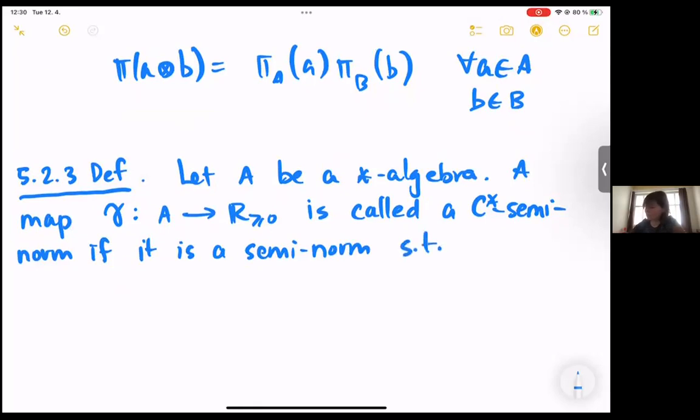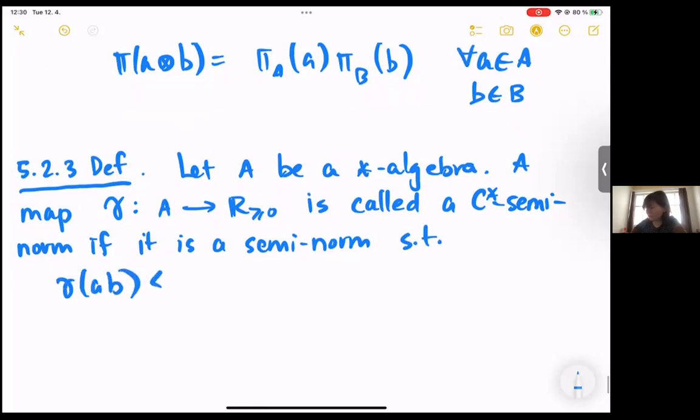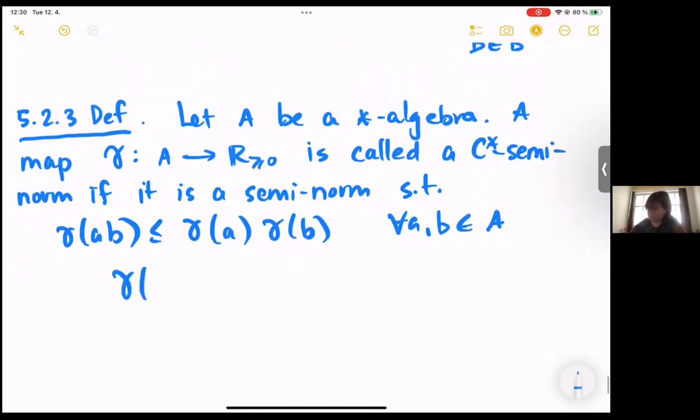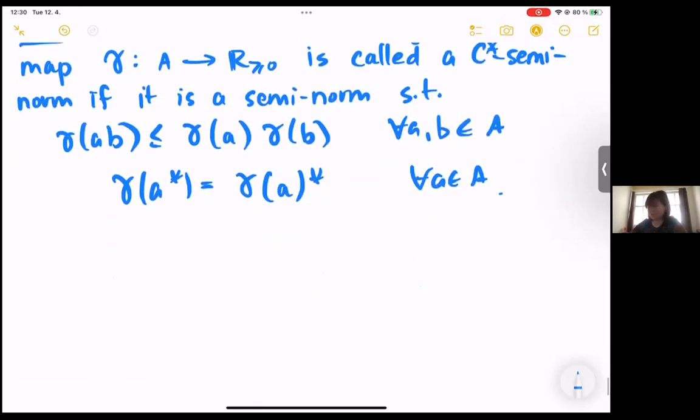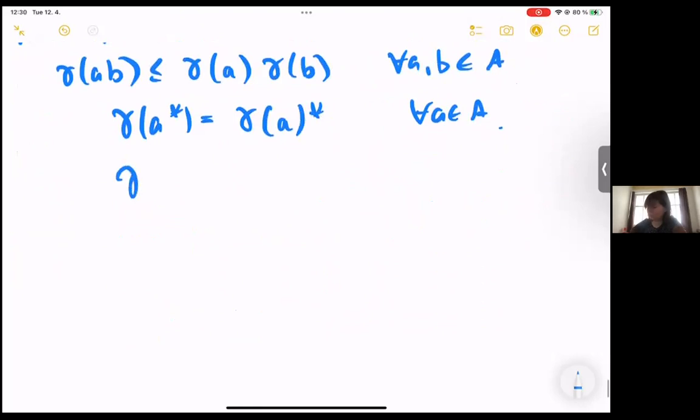And we want this to be submultiplicative, we want it to preserve the star, and of course, we want it to satisfy the C-star equality. So it's essentially just a C-star norm that's not necessarily positive definite.